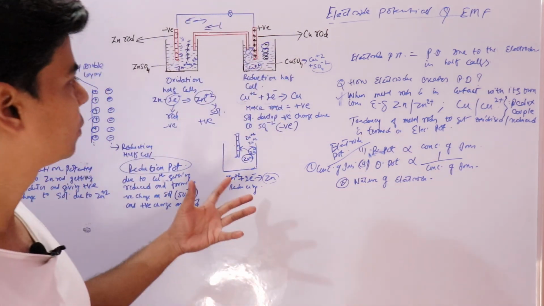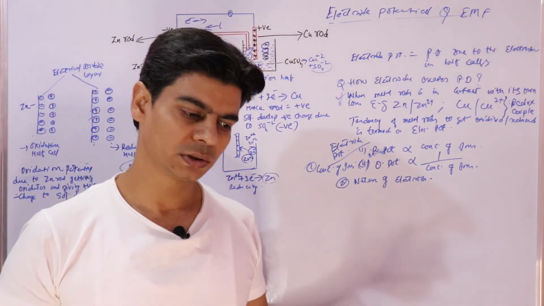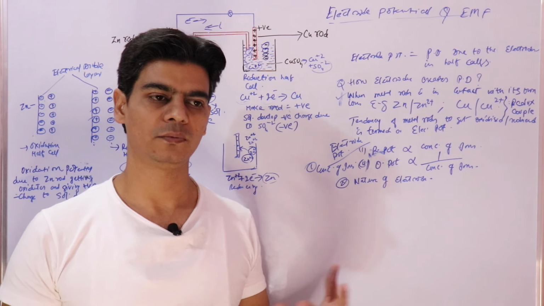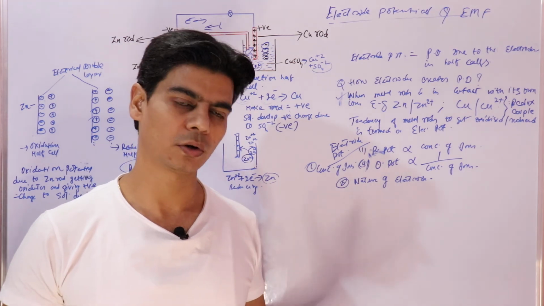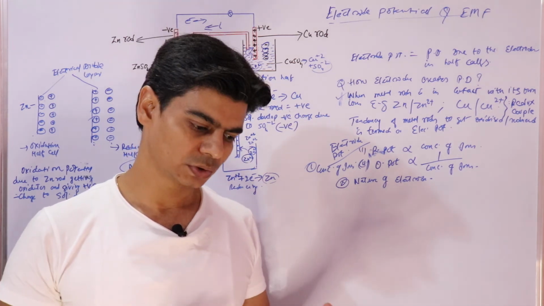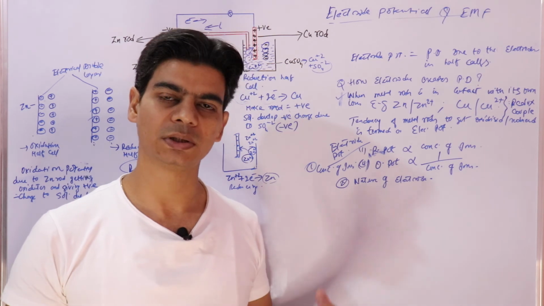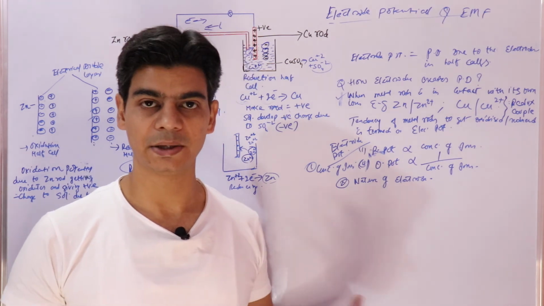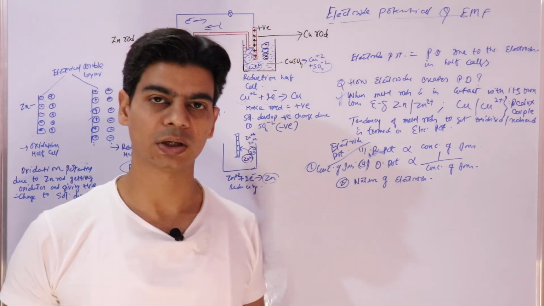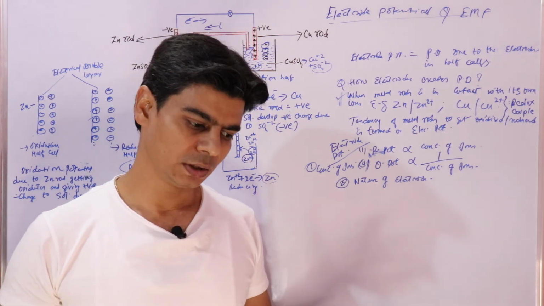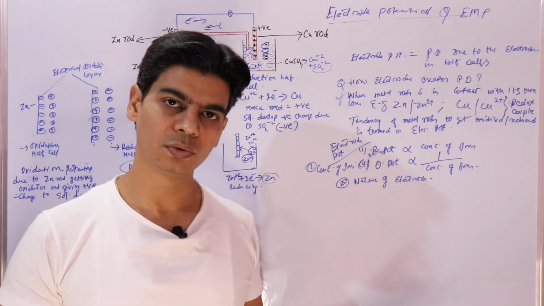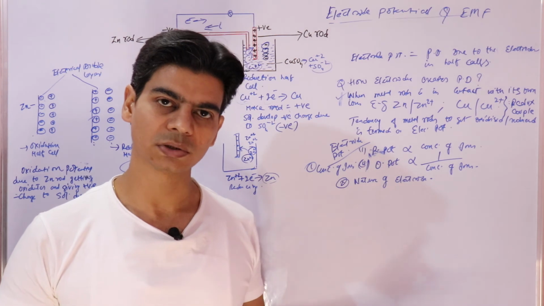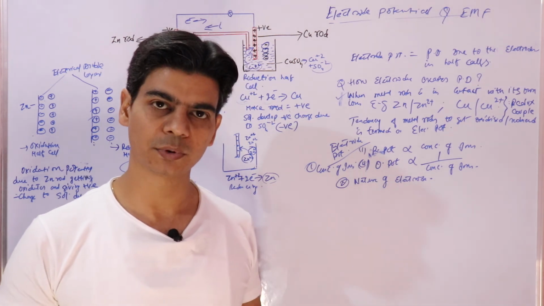Here the nature of electrode is, these electrodes are always metal rods. Some metals like sodium have a higher tendency to lose electrons compared to other metals like zinc, right? So the more the tendency to lose electrons, the more the oxidation potential.